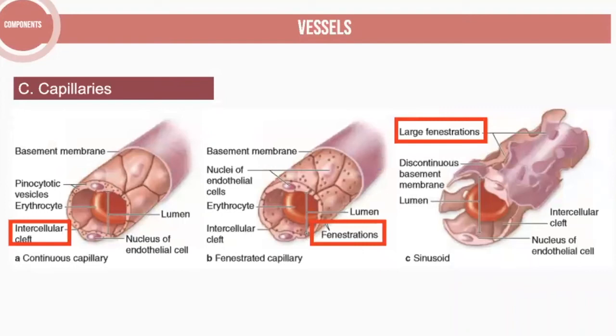And these openings are specialized for the movement of solutes. They come in different forms. You have intercellular clefts, and you have fenestrations, small fenestrations and large fenestrations. It is through these openings that solutes from the blood move into the tissues and vice versa.